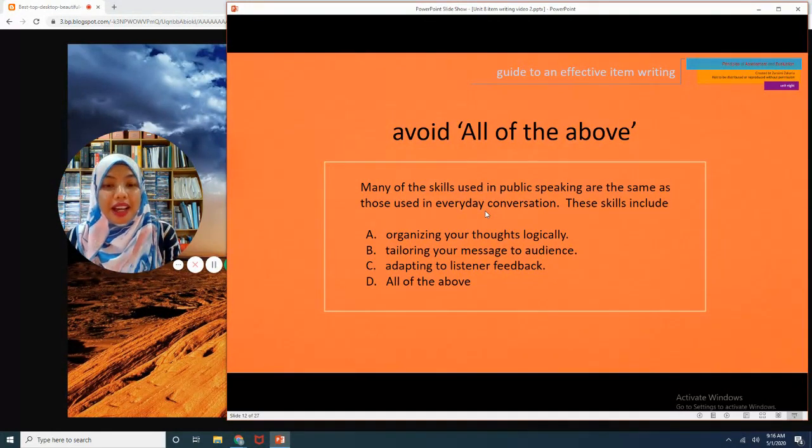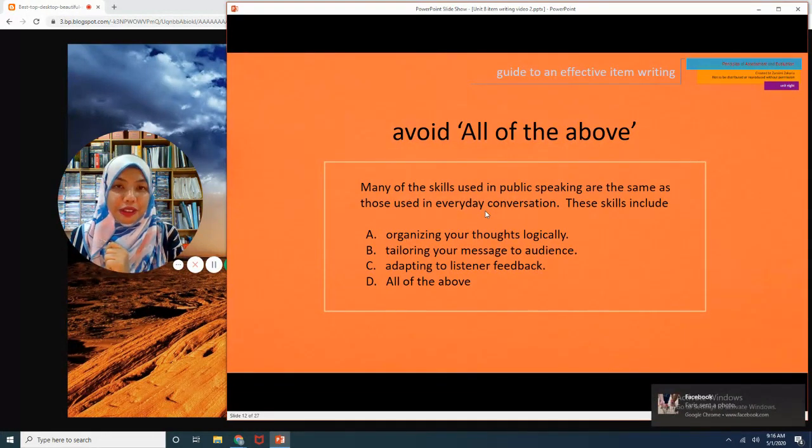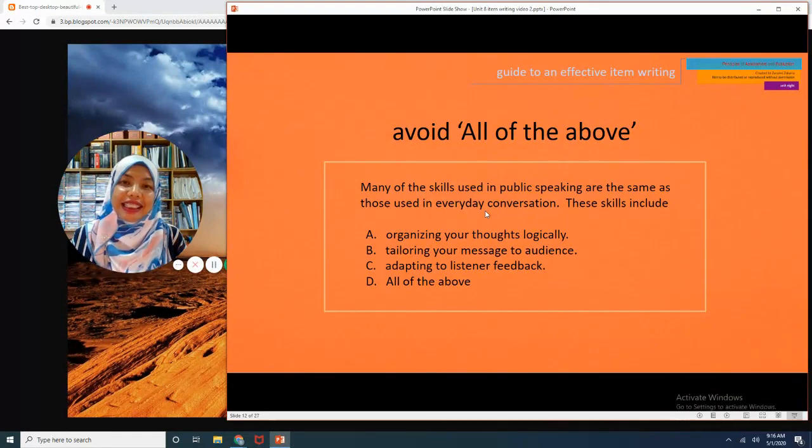But the moment you have all of the above there, test takers, do take note. That is the correct answer. You don't even have to read the question. Just go straight and take D as your answer. Okay, so for the two main reasons, please do not write all of the above as part of your options.